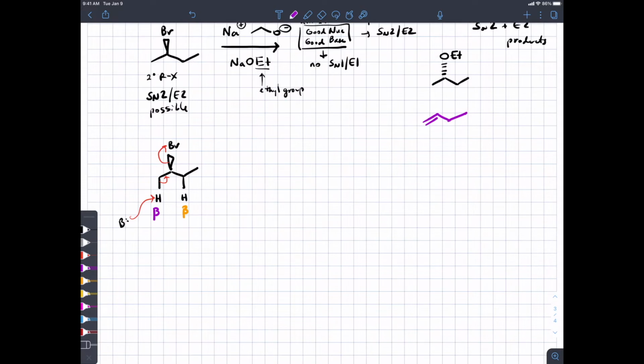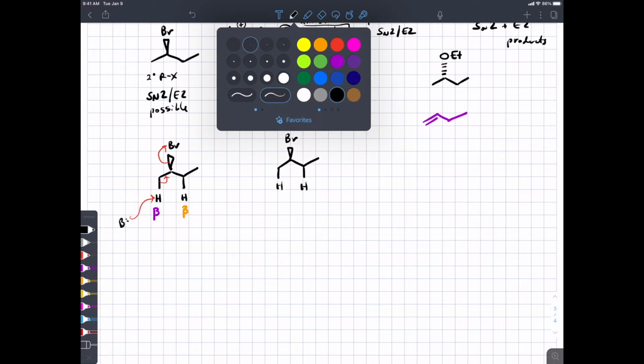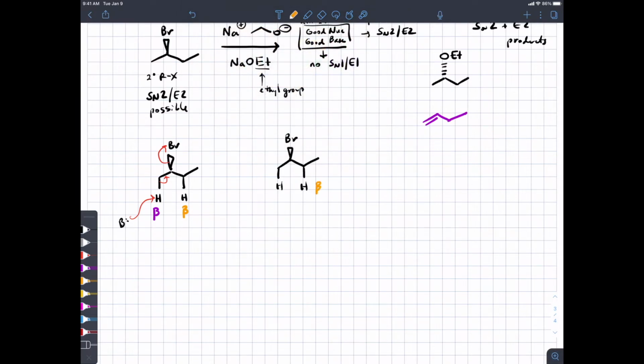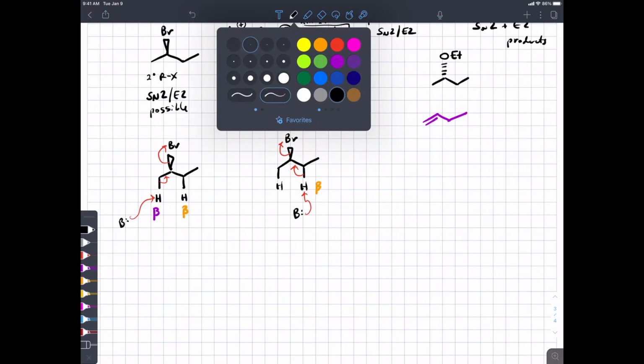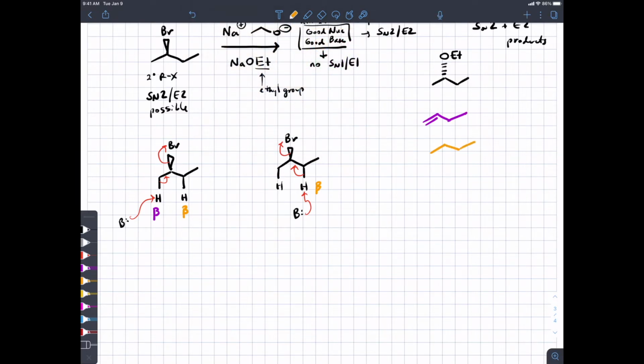If I remove the orange beta proton with my base, I will make either of these two alkenes, either the cis or the trans.